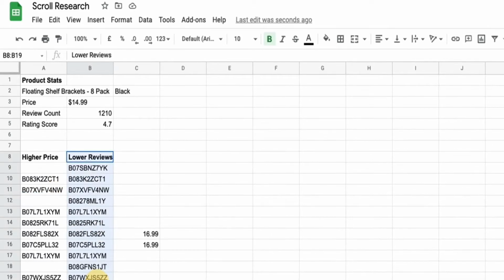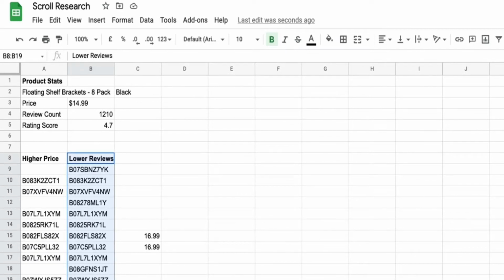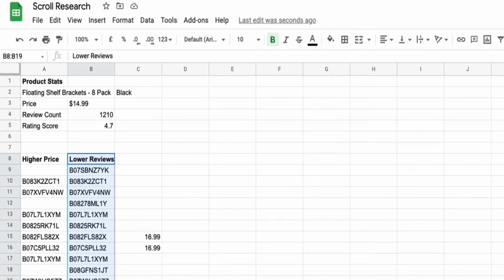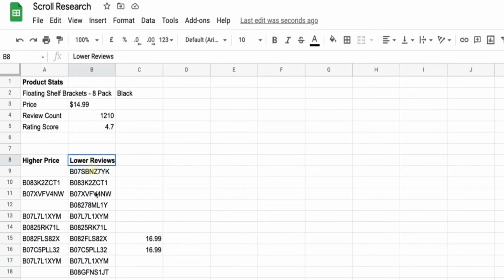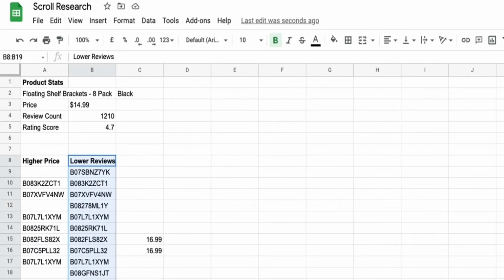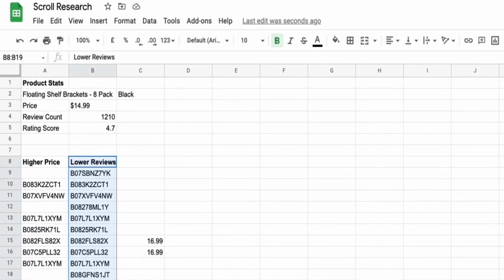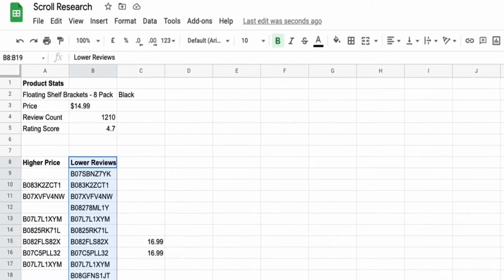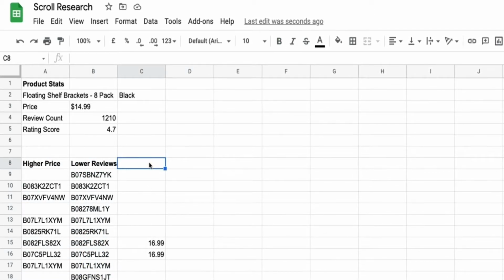Or maybe it's a product that is more technical or more specific, where people need a lot of trust in order to make that purchase, so lower reviews is going to work. They need people with more reviews in order to make a buying decision. Okay, so very, very powerful. Figure out which of these two works better for you. There's also the low review rating.